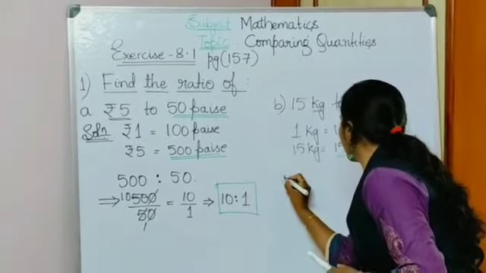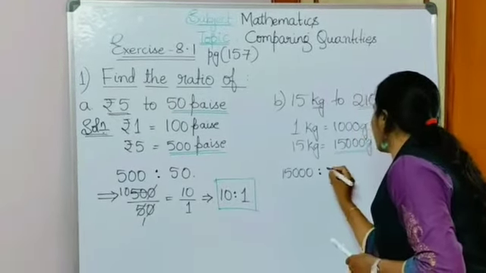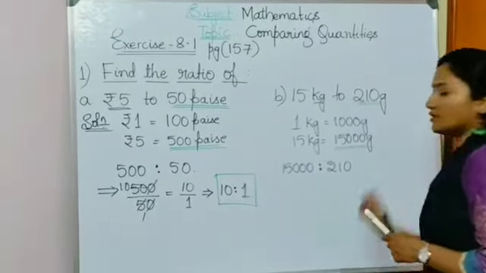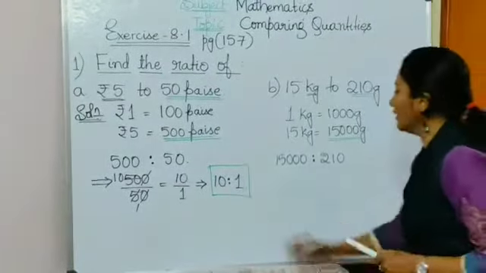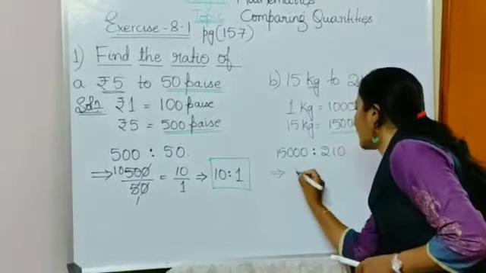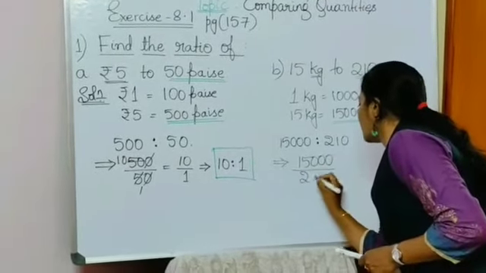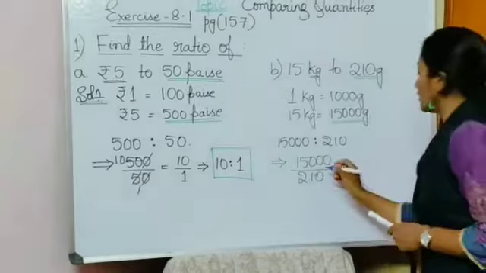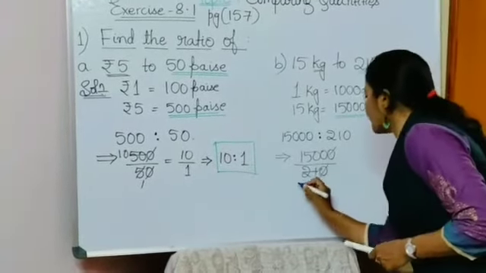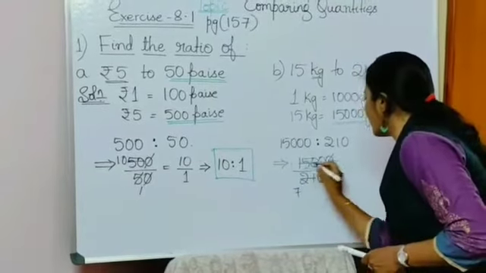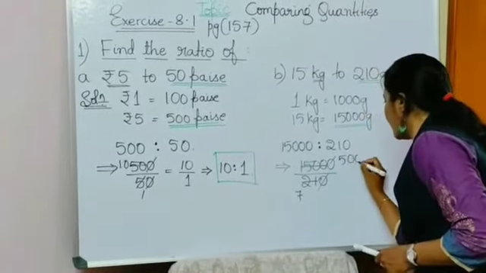So we have to find the ratio of 15,000 is to 210. How do we find it? The same way we have done here. We have to find the ratio as 15,000 by 210. When we solve this, 0, 0 gets cancelled, and 3 sevens are 21, 3 five hundreds are 1500.